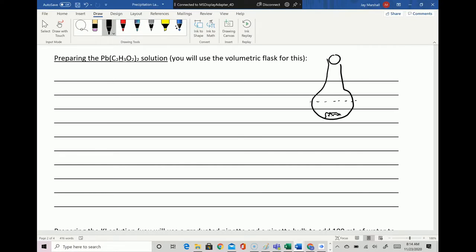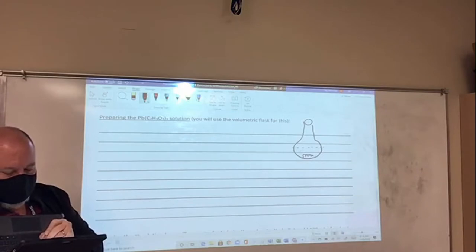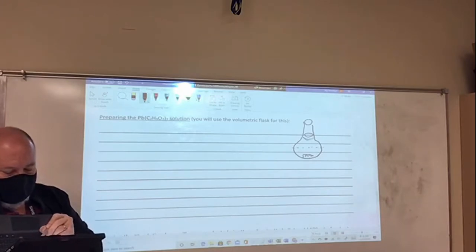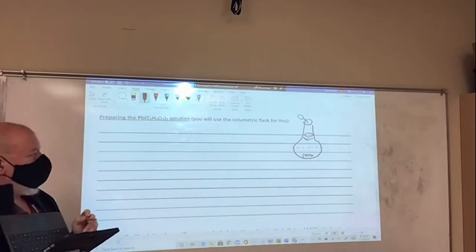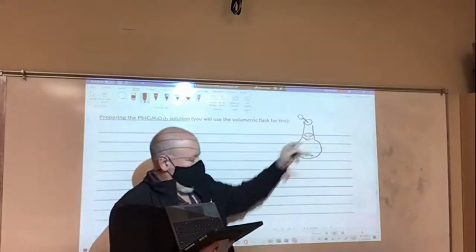Remember that? Because we need to have room to swirl it around in. We'll fill it part way, and then you'll dissolve it, and then there's this little mark up here. You'll fill it most of the rest of the way, and then you'll use the disposable pipette to fill it the rest of the way, right?